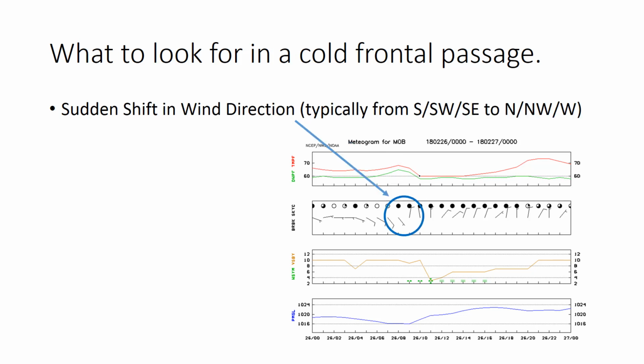The second thing that you're going to look at is a sudden shift in the wind direction. And there's actually a pretty textbook way that meteorologists look at this. Typically, when you're in a warm air mass, the wind has somewhat of a southerly component. Why? Because warm air is being blown, and warm air typically comes from the south here in the northern hemisphere. And then typically, once the front passes, you'll get a shift to either west, northwest, or north.